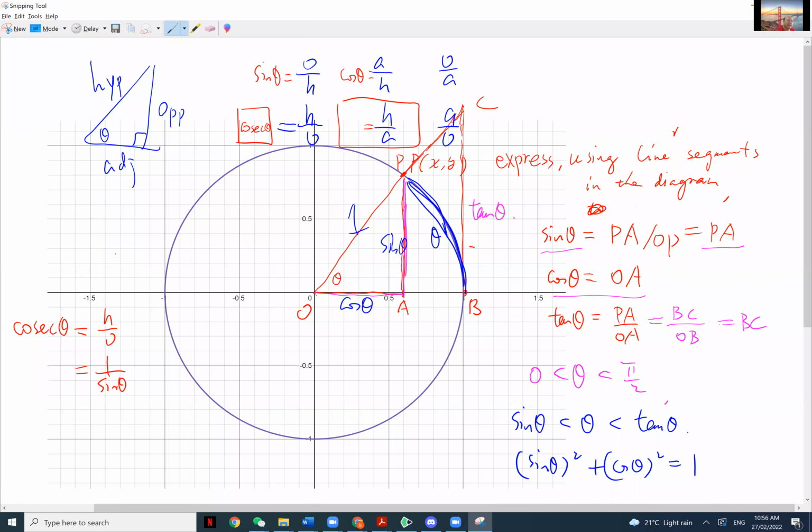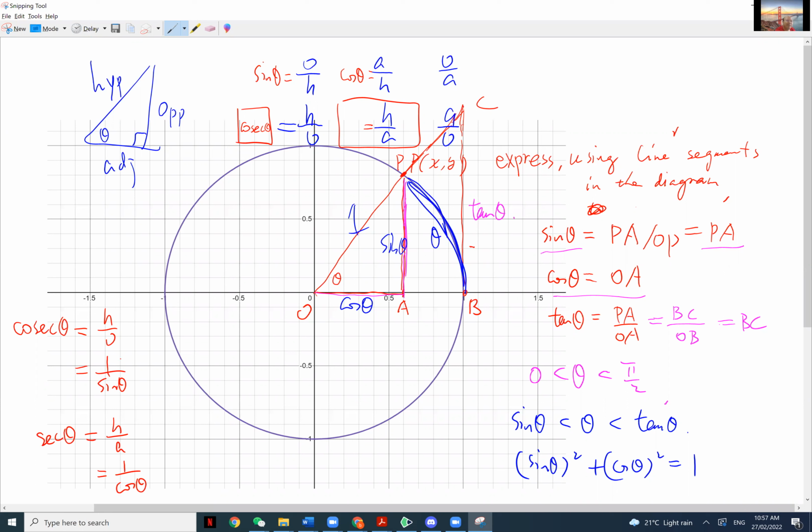The second is H over A. It's 1 over cos. This is called secant. Okay.